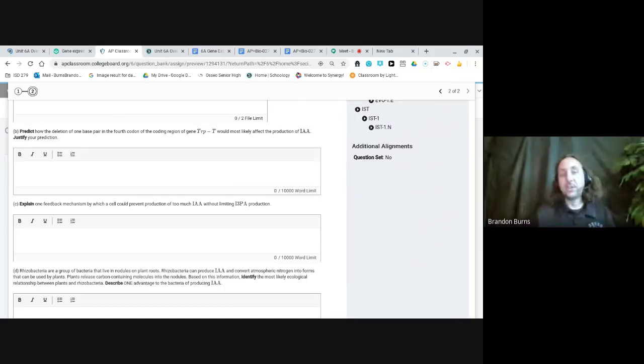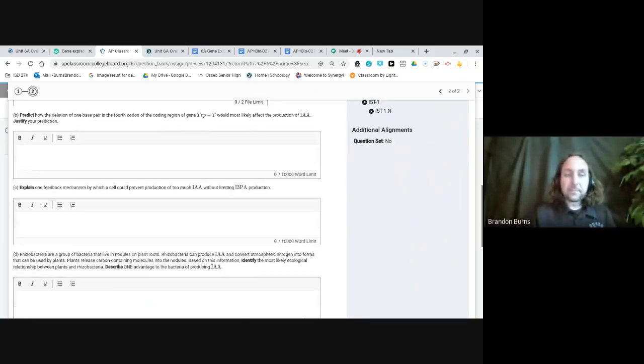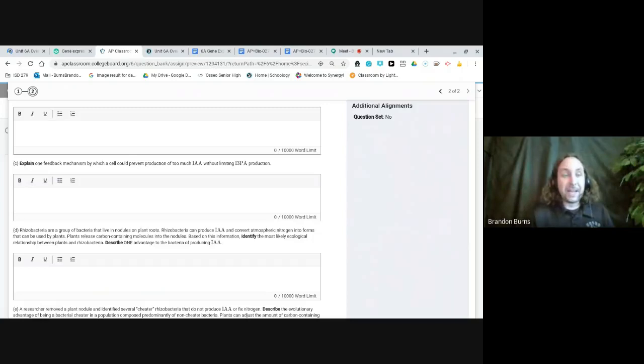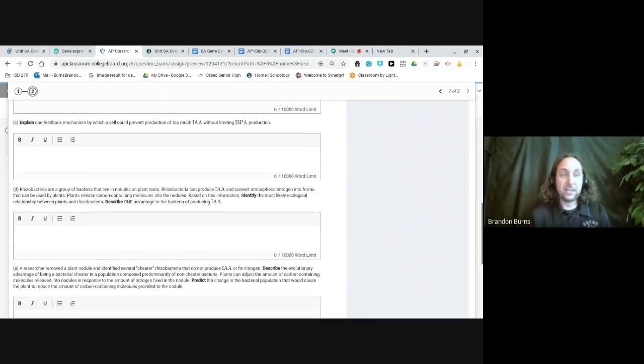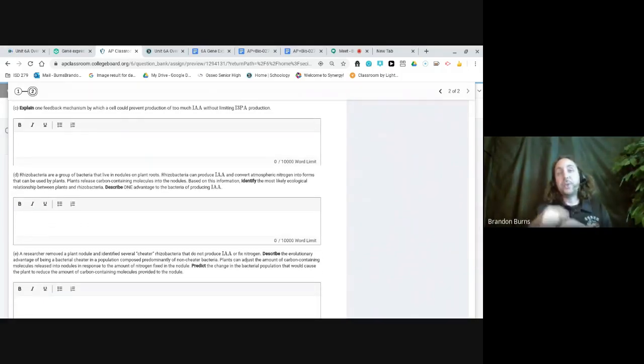Gets into mutations. There's questions about feedback mechanisms, which is not something we've specifically covered already in this unit, but is something that you should understand: how doing one action affects another action, and they can start feeding back on one another. And then finally, there's a few questions that are more about ecology and evolutionary relationships.